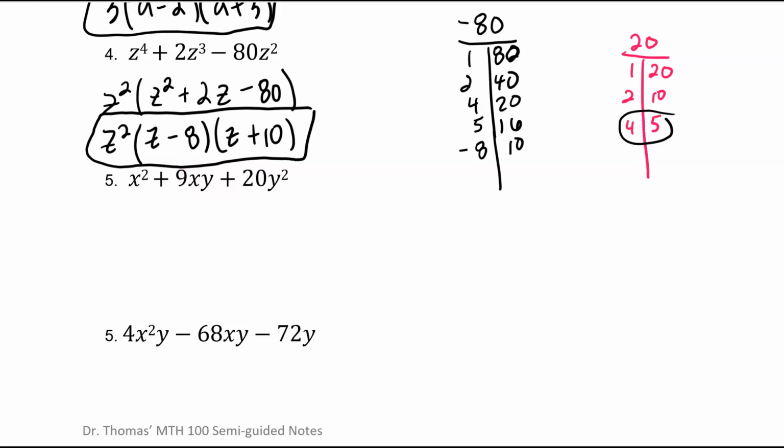4 and 5. So we have x times another x is not the issue. X times x would give you this x squared, so that's not the issue. But we have at the end that y squared, right?